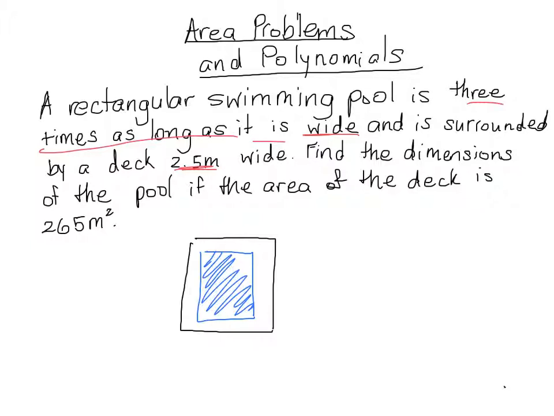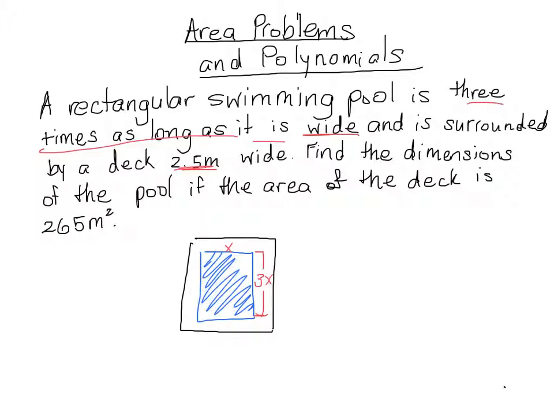All right, so here we know that since the pool has a length which is 3 times as long as it is wide, we can label the width x because it's unknown. I'm going to label that x right here, and the length is 3x because it's 3 times as long. Let me just make sure it's clear what that 3x is for.